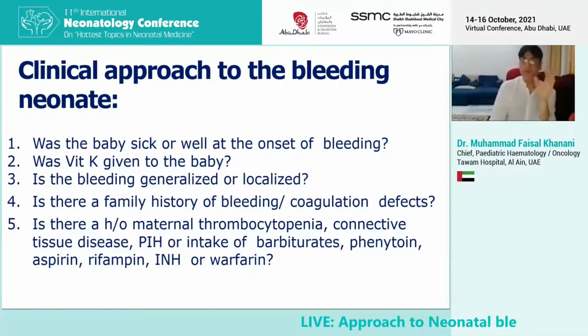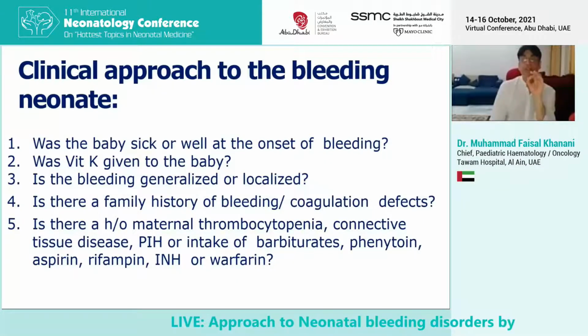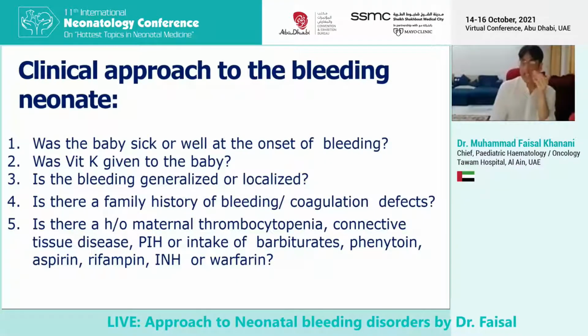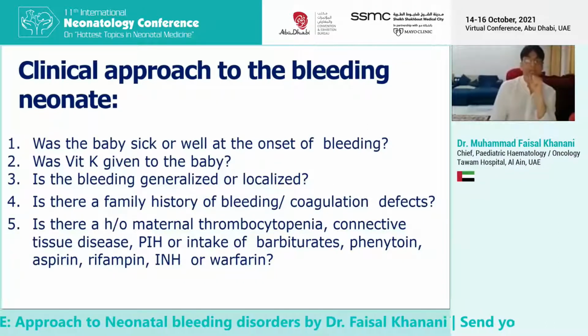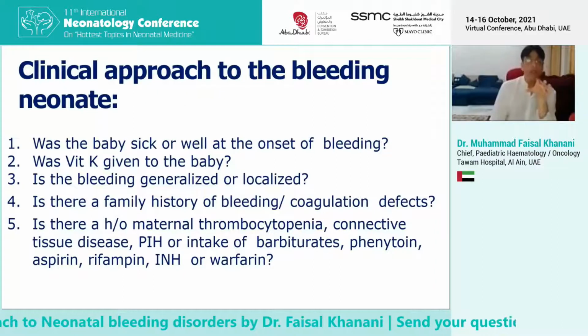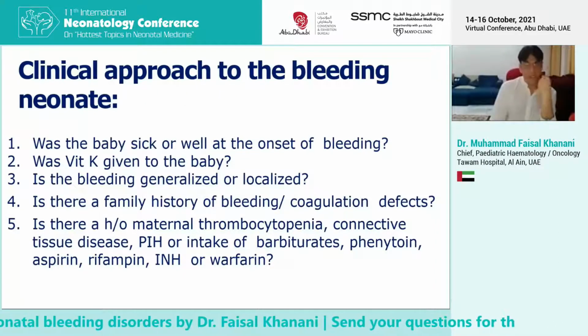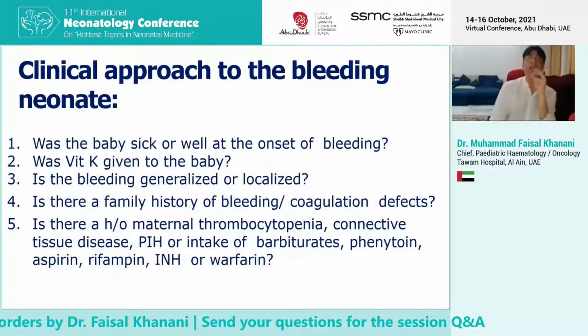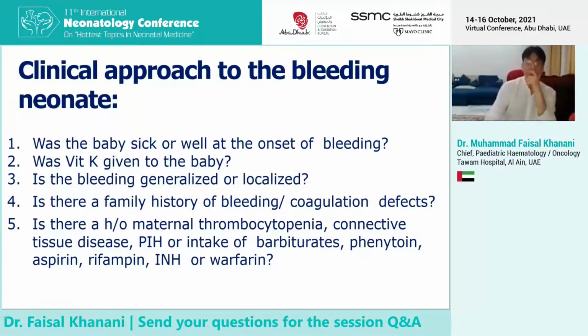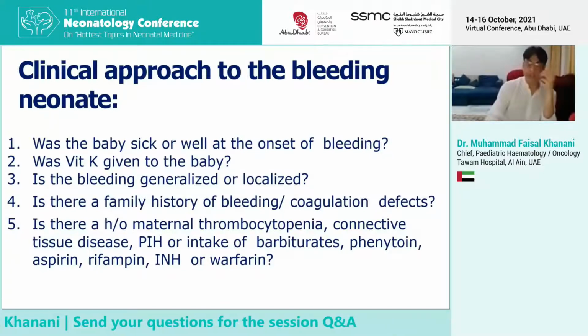Is the baby sick or well at onset of bleeding? Is vitamin K given to the baby? Is the bleeding generalized or localized? Is there any family history, or any history of maternal thrombocytopenia, or is the mother taking any medications, such as Coumadin, anti-epileptic or anti-TB drugs?